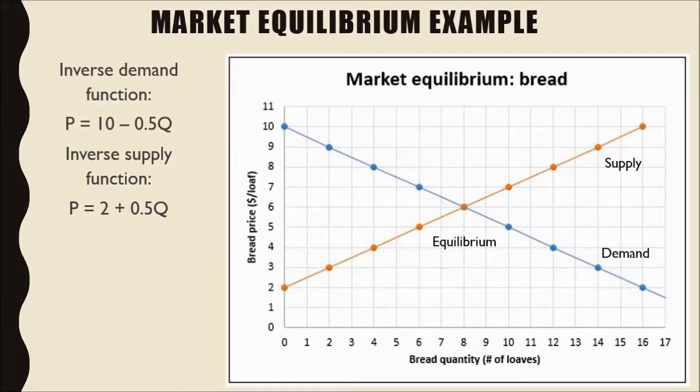The equilibrium point on this graph is given by the intersection of the demand and the supply functions, where quantity equals 8 and price equals 6. You can easily see the equilibrium point on this graph and determine the equilibrium price and quantity. However, this is not always the case, so it is important that you know how to solve this problem mathematically.